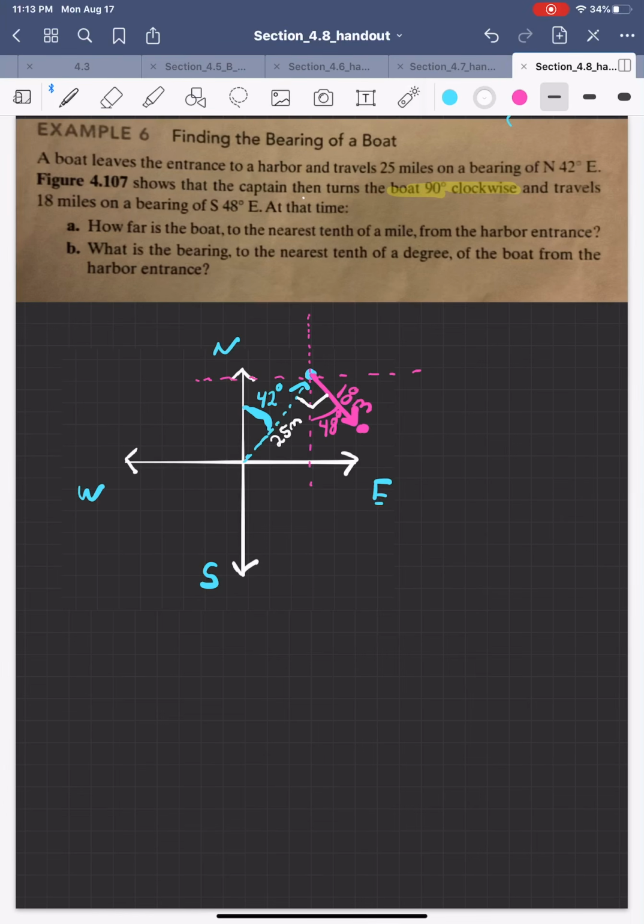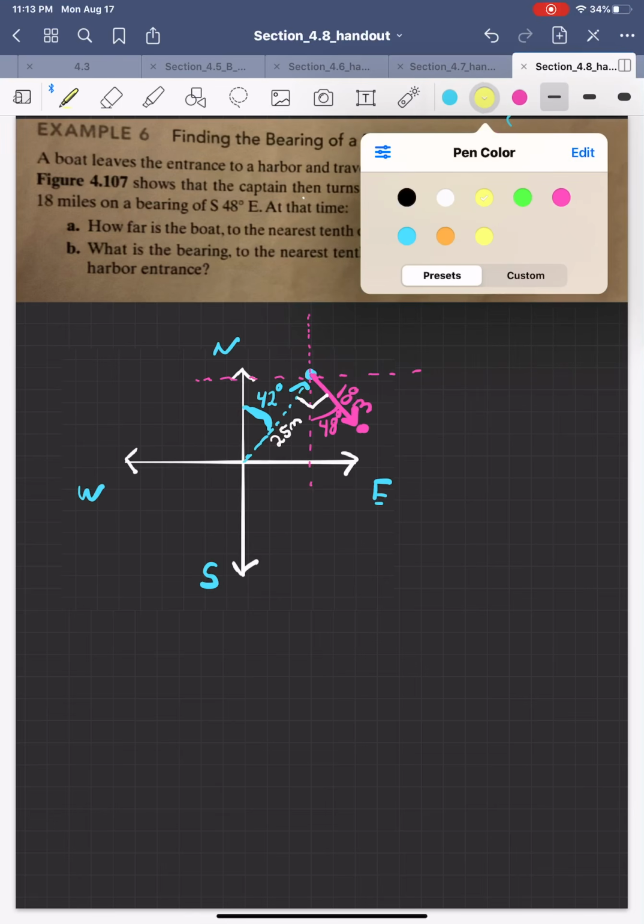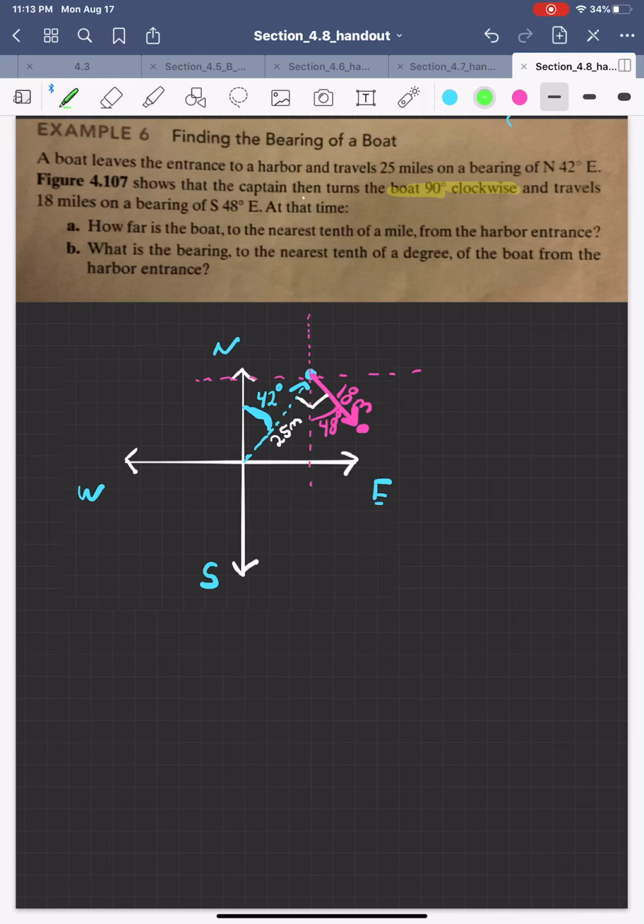So we'll make this lime green. So this is going to be the Coast Guard coming to rescue you, right? So the first question the Coast Guard is going to have is how far? How far are you from the harbor?